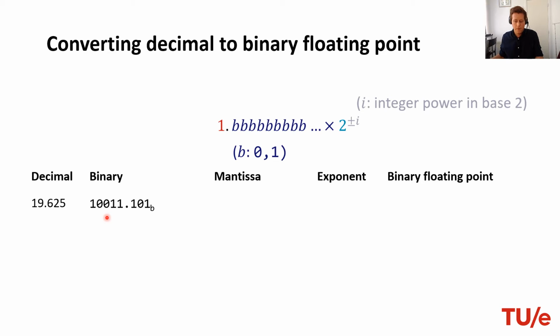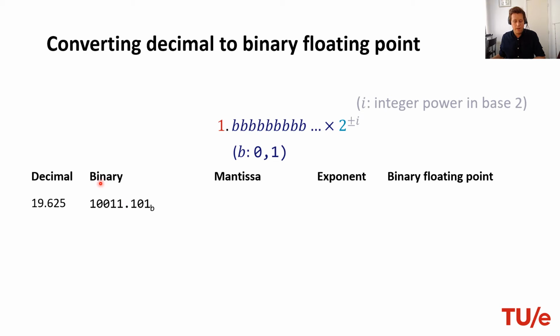Now we will further convert them into binary floating point representations. Okay, so let's take a look at this binary number. First, we have to identify what the mantissa would be. Now the mantissa is the part on the right of the leading non-zero digit of the binary number.